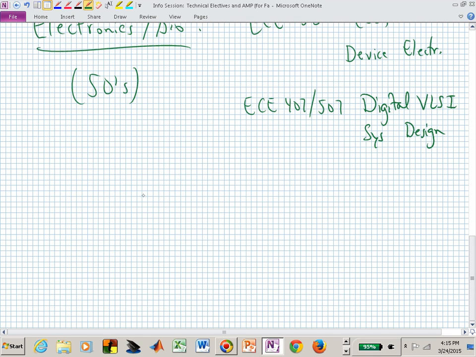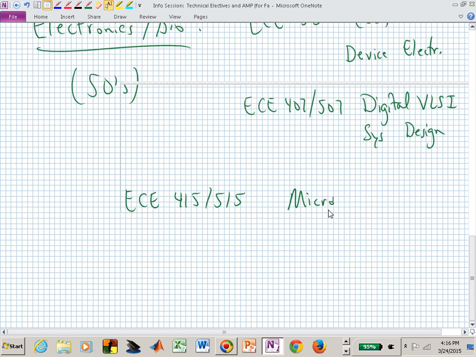Another class in this category of classes is 415, 515, and I don't see this yet listed. This is sort of a cross-listed class. It's shared with other departments, but this is dealing with the manufacturing of microelectronic devices.